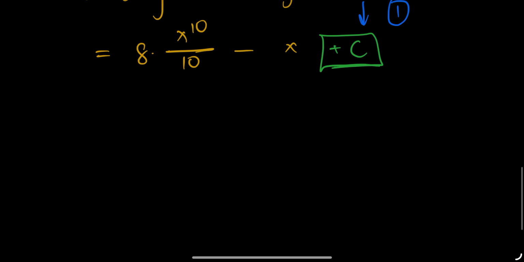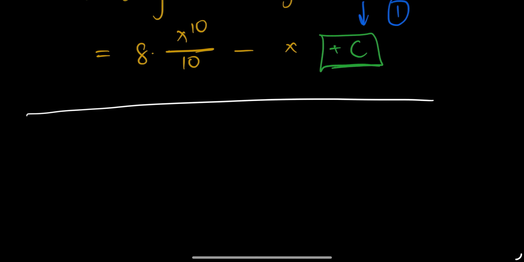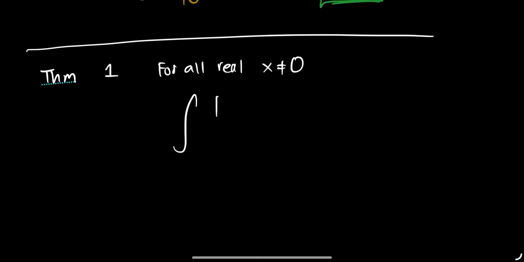So now let's go to our second section, exponential and logarithmic integrals. Here are 2 formulas I'm going to make you remember. The first theorem is that for all real x not equal to 0, we know that the integral of 1 over x dx is equal to ln the absolute value of x plus c.